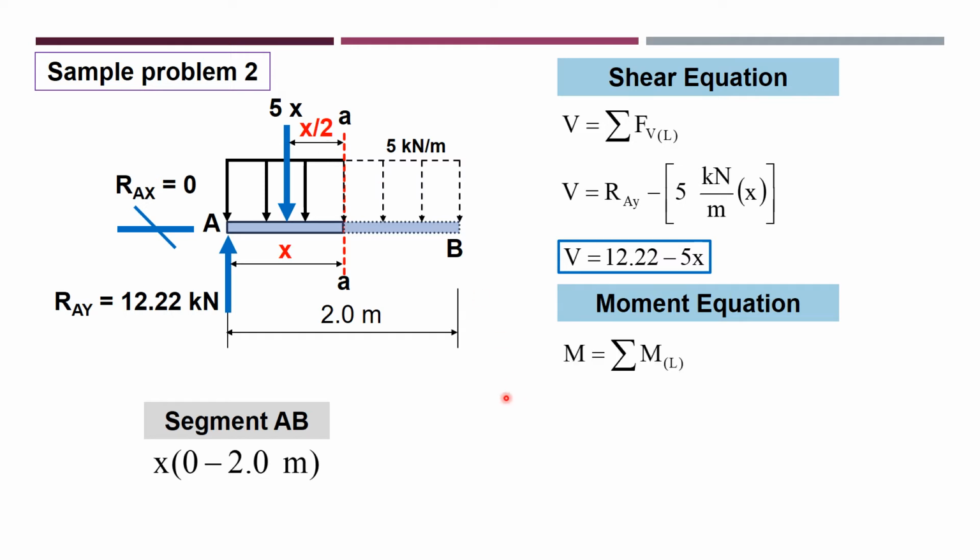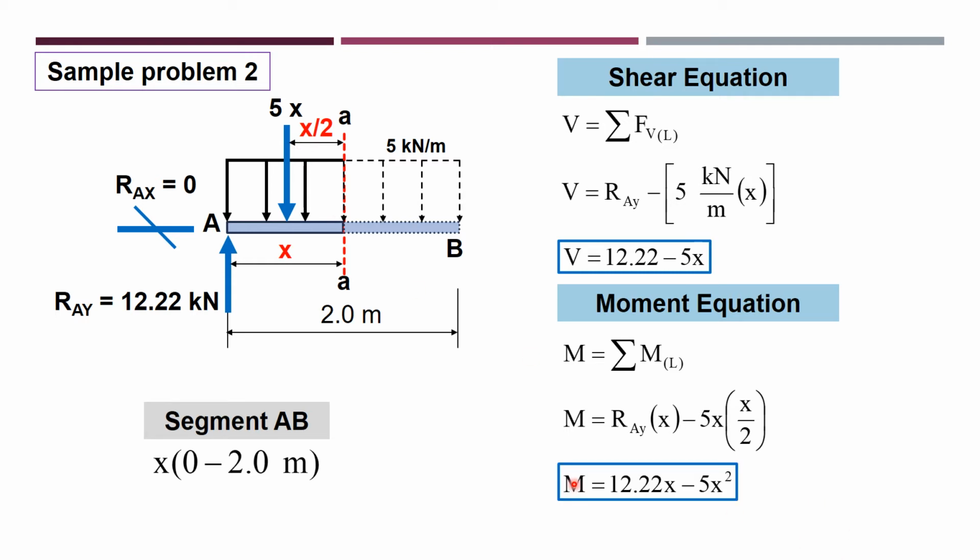So when you sum up those moments to the left of the cutting plane, we have RAY by x minus, because it is counterclockwise, pag umikot siya dito, so that will be minus 5x by its distance of x over 2. So if you substitute RAY, which is 12.22, in this equation, and simplifying this, this is the moment equation for segment AB, which is 12.22x minus 5x squared.